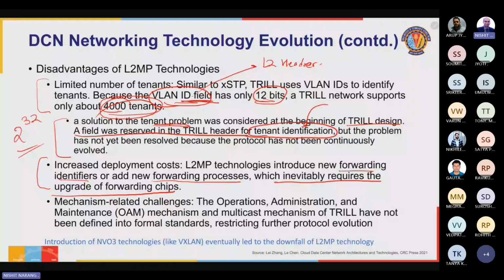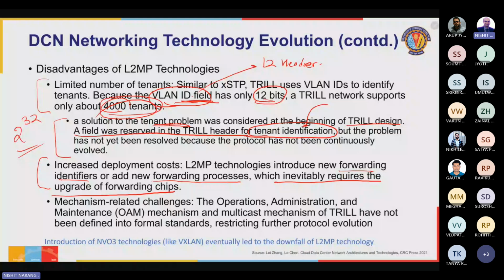The third disadvantage of Trill is this. When we talked about the internet and the benefits of IP as a networking protocol, we said IP is not a standalone protocol. It comes with a suite of protocols. There are protocols like ICMP, which is a control management protocol used in IP networks. Things like echo, traceroute, all of these utilities use the ICMP protocol underneath.